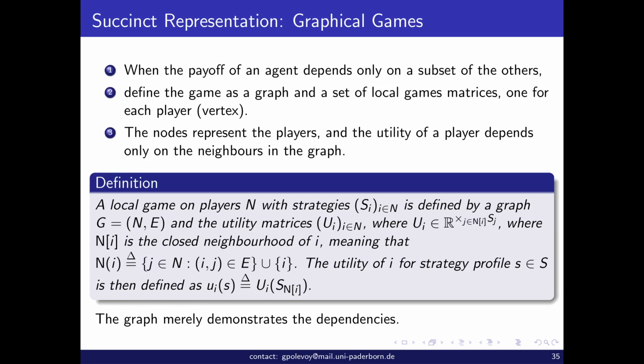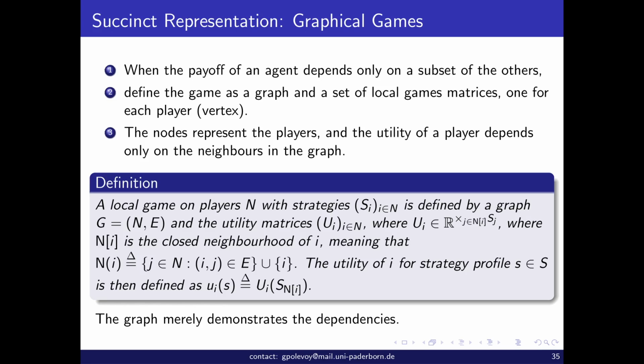So the formal definition is as follows. A local game on players n, with strategies S_i, talking about abstract strategies, so it's a strategic normal form, is defined by a graph on the players which connects two players if and only if they influence one another.